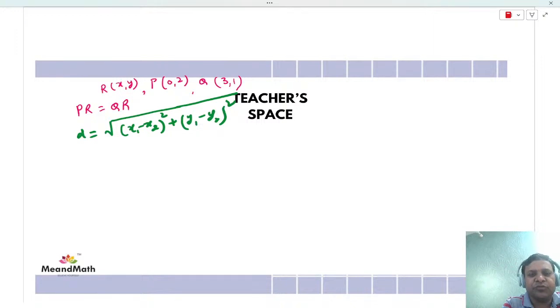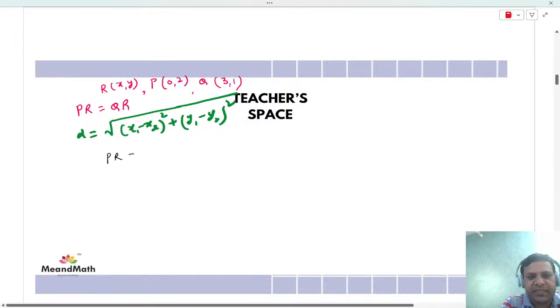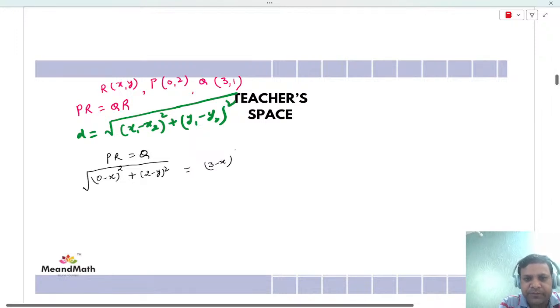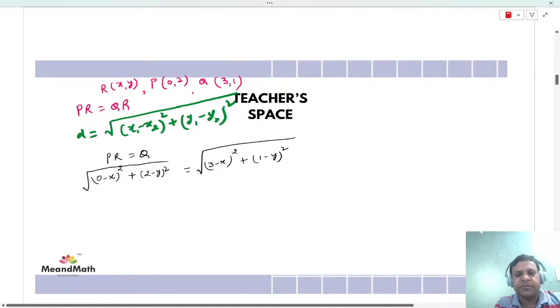Now PR is equal to the square root of (0 minus x) whole square plus (2 minus y) whole square, which is equal to QR, the square root of (3 minus x) whole square plus (1 minus y) whole square. So this is the equation.